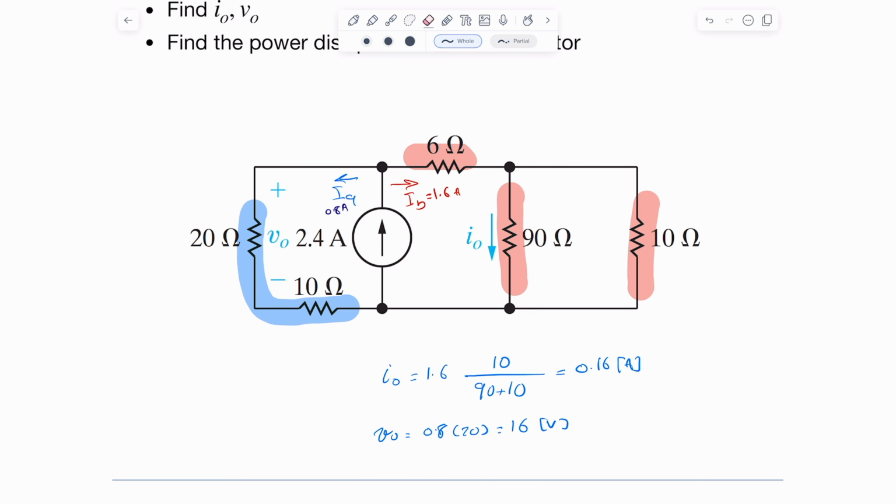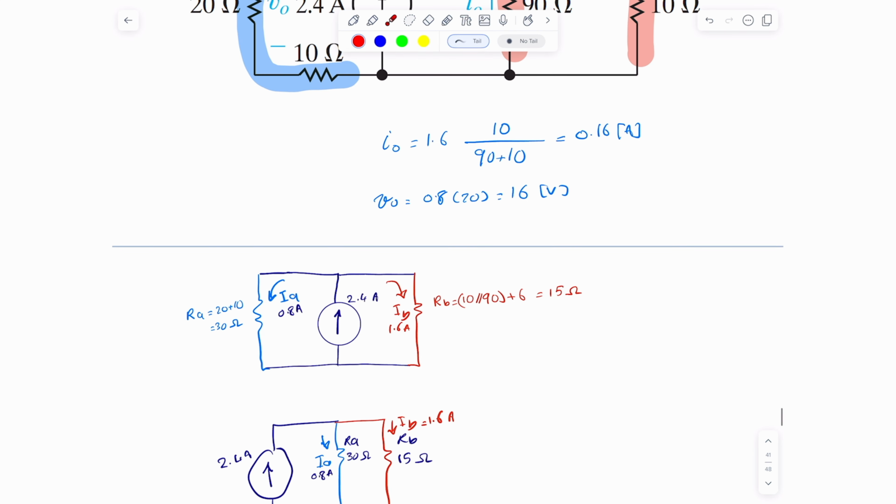We can also use voltage division to figure out what the value of V naught in here is. Of course, I need to figure out what the voltage between here and here is, which is the voltage across this particular current source, which if I go in here, I should be able to compute. This is the voltage across the R of B, so I can use this current and that particular resistor, the 1.6 and this particular resistor, to figure out that voltage.